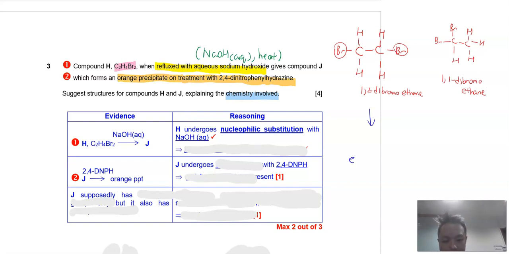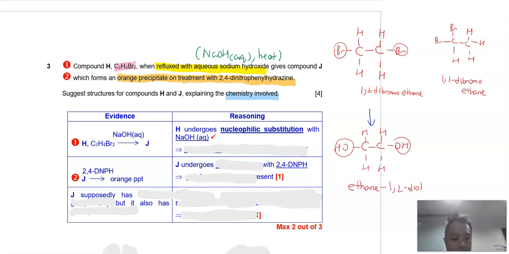It's either you get the OH at position 1 and 2, so this is your ethane-1,2-diol, or you can get the 2 OH on the same carbon.